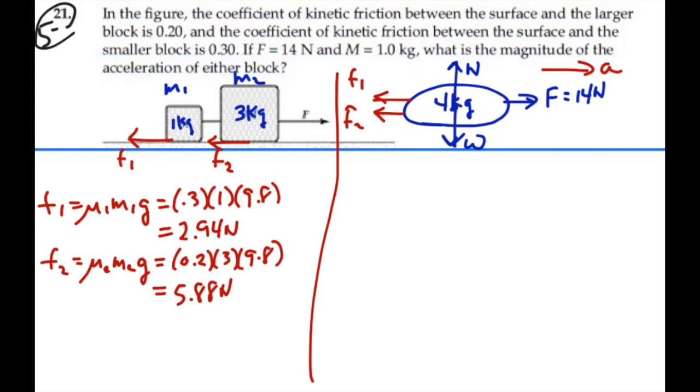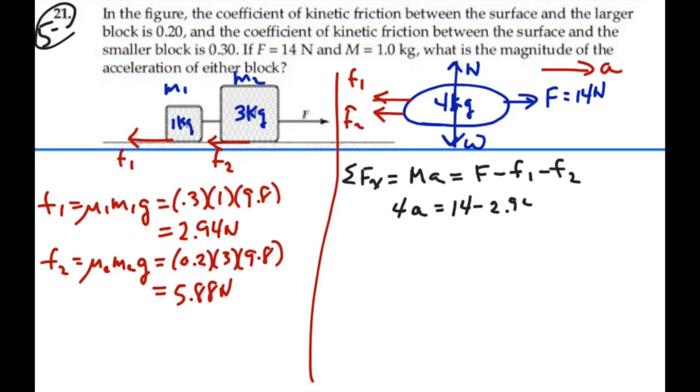So based on the motion in the direction of acceleration, we have the summation of all the forces in the x direction is equal to our total mass times a, and that's equal to F minus little f1 minus little f2. That's going to be 4 kilograms times a is equal to 14 newtons minus 2.94 minus 5.88.